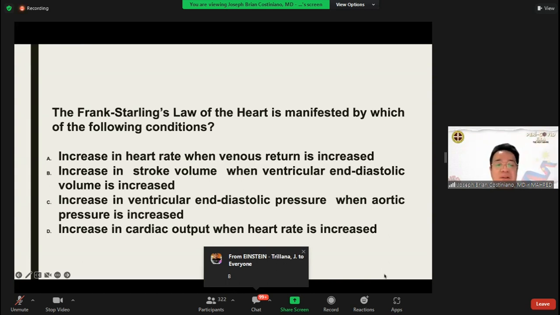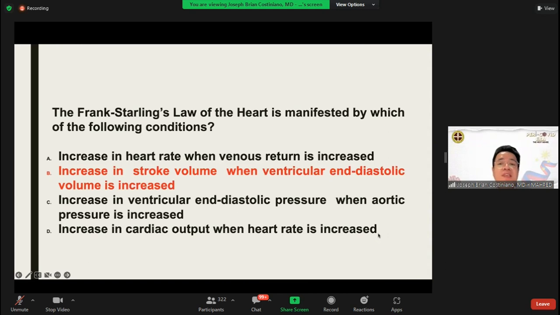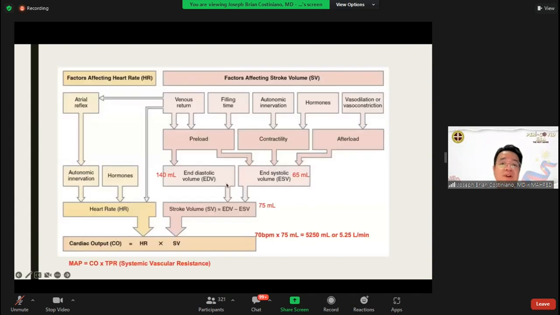The stronger yung contraction ng heart. Okay, so the correct answer is an increase in stroke volume when your end diastolic volume is increased, because your end diastolic volume is again determined by your preload, and your preload is determined by your venous return.